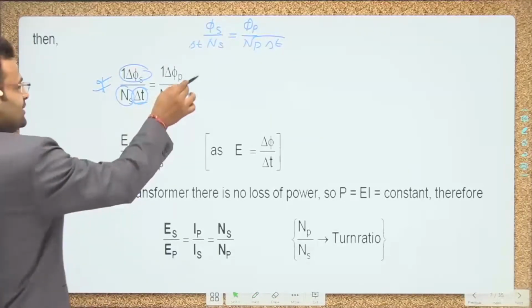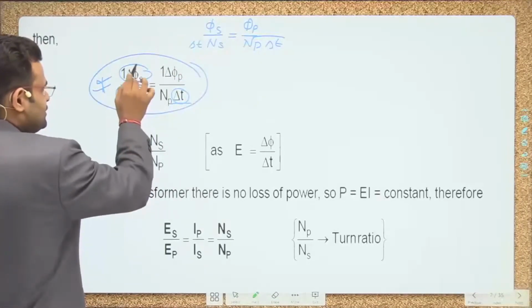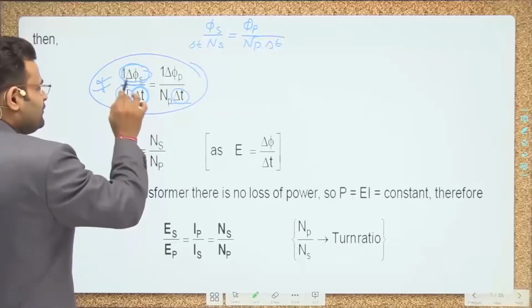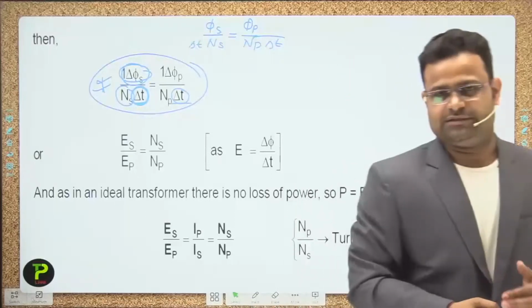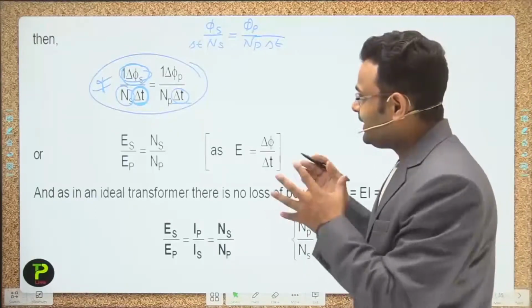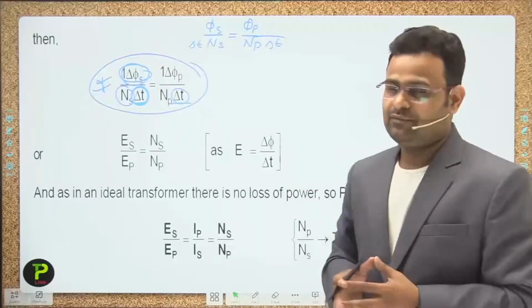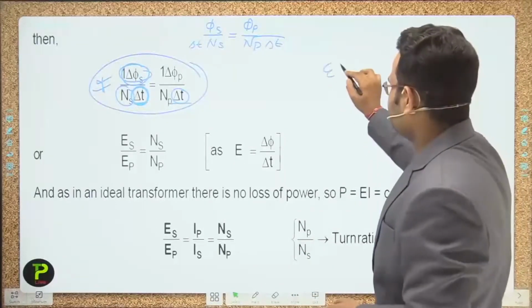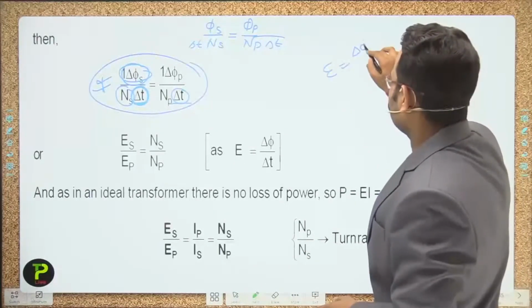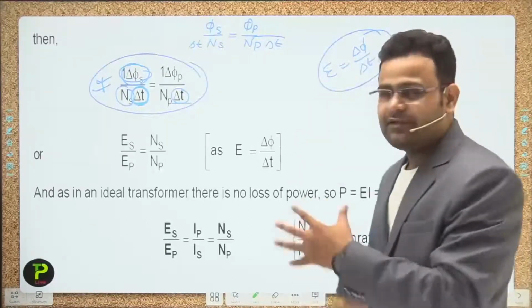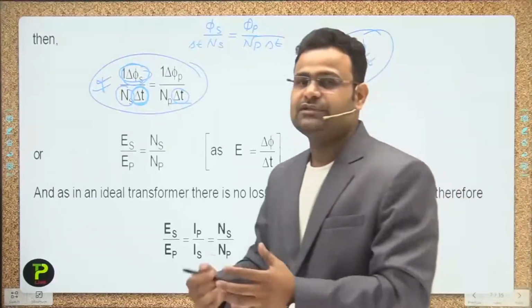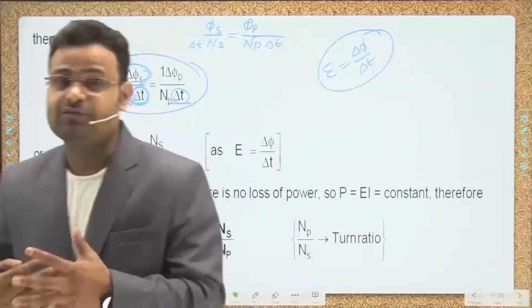In that case, dear students, what do we mean by phi s upon del t and phi s upon Ns? It provides the EMF. We know that E is equal to del phi by del t. Everyone knows that del phi upon del t becomes the EMF produced, the applied voltage.